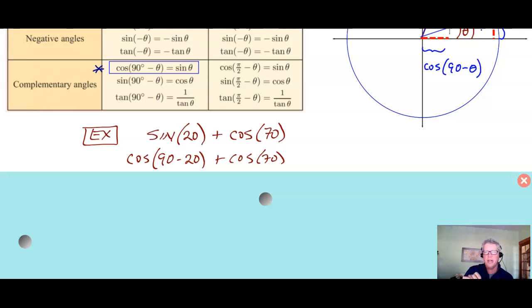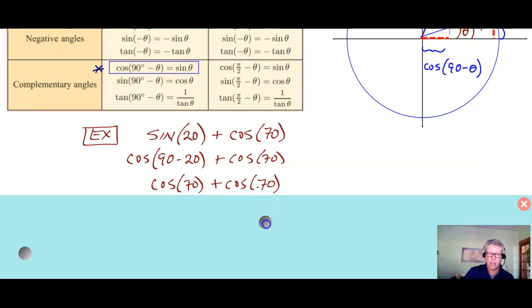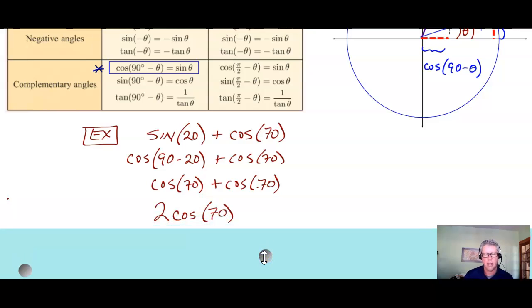I'm not saying you need to recognize this or use this right now, but I do want you to know that they exist. And so 90 minus 20 is 70, and then all of a sudden you can rewrite that as 2 cosine 70. So these are identical. And that's kind of why you use these things called identities. They're identically equal to each other.